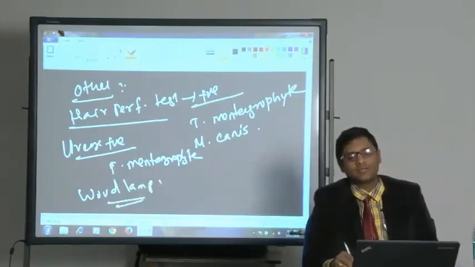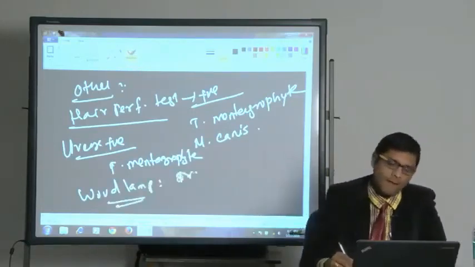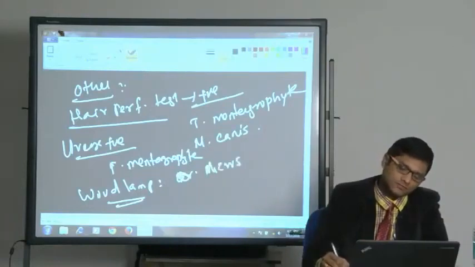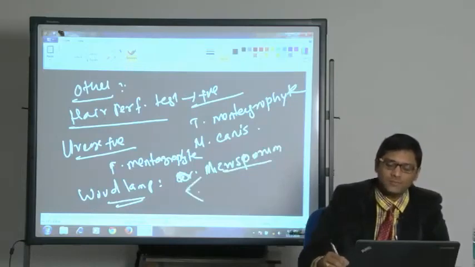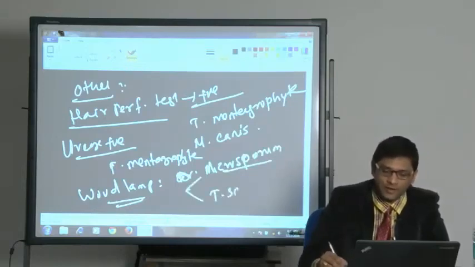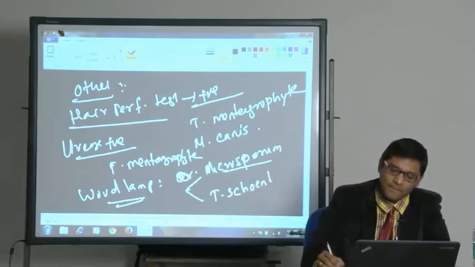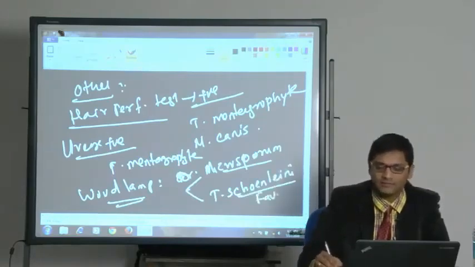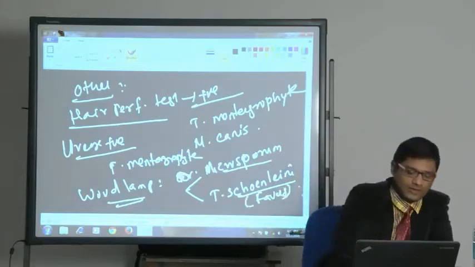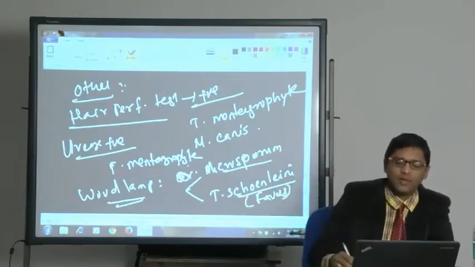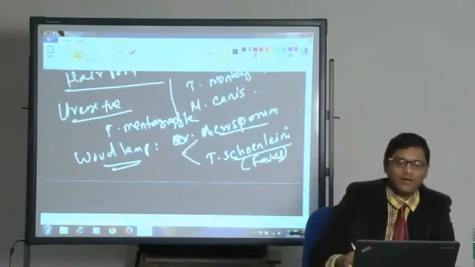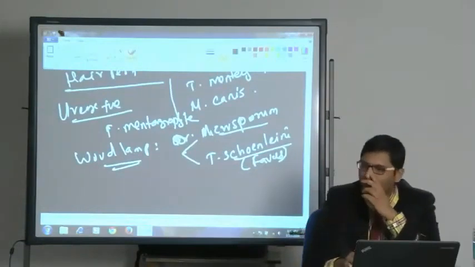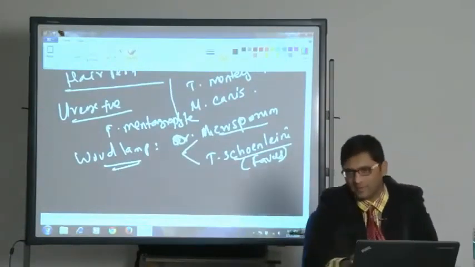Wood's lamp examination is done mainly for Microsporum species, and one species of Trichophyton, that is Trichophyton schoenleinii, which is the agent of favus. So most of the Microsporum species and one species of Trichophyton are Wood's lamp positive. They will fluoresce under Wood's lamp examination.